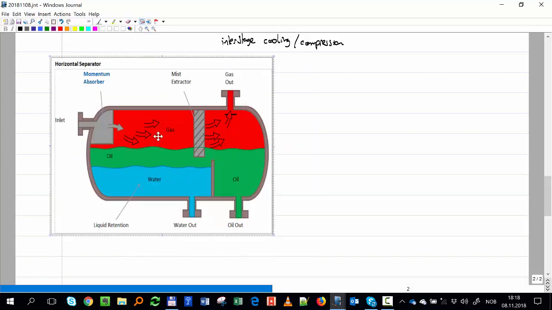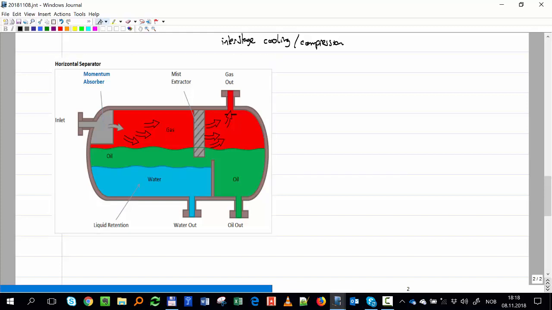This is a three-phase horizontal separator, where you see the gas goes to the top. I have a few things here that I will comment on briefly. The oil goes in the center, and then you have a weir plate where the oil just overflows through it, and the gas stays here.